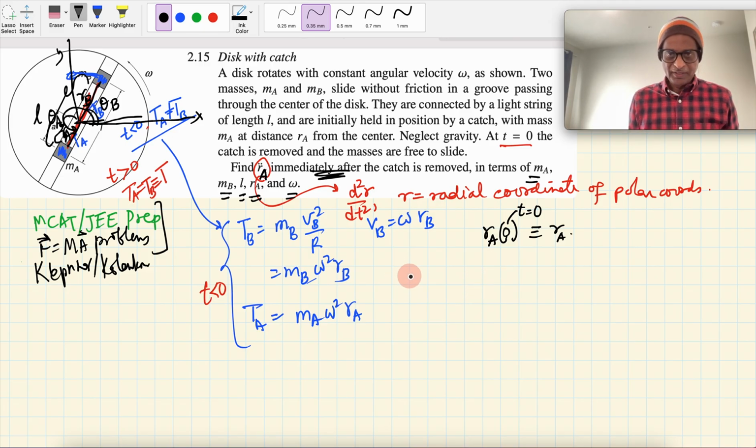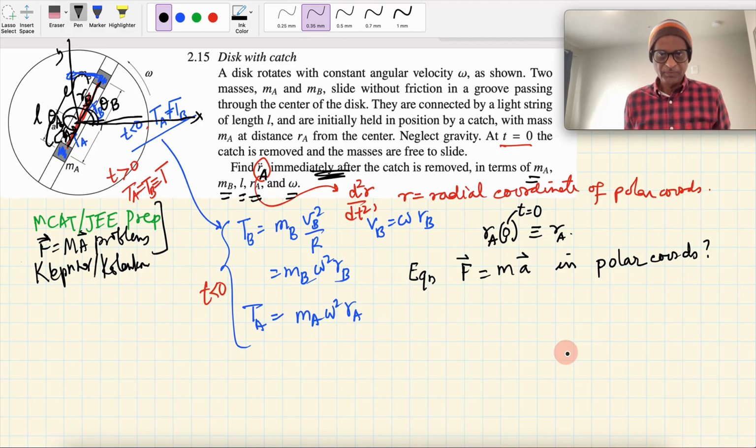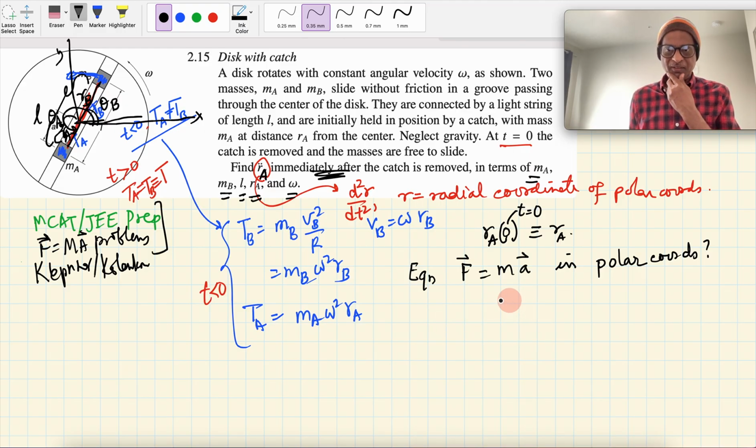So let's write the equation for F equals MA in polar coordinates. And we can look at t equal to 0 plus.